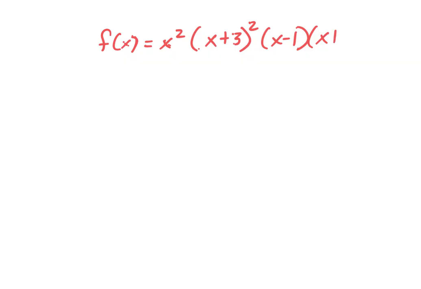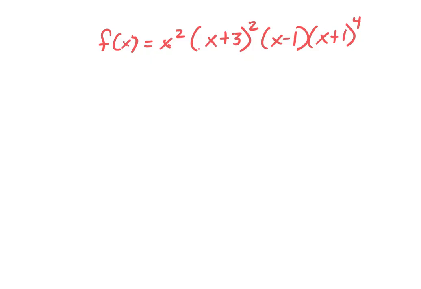Okay, this one here would be even bigger. And once again, we're not going to multiply all this out, but I just wanted you to see one like this. We're going to set each one of those factors equal to 0.